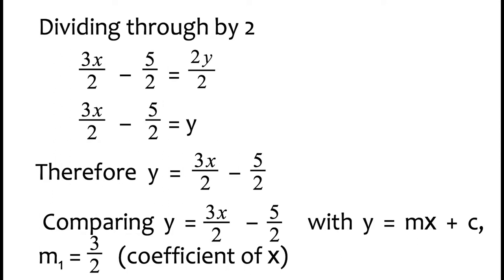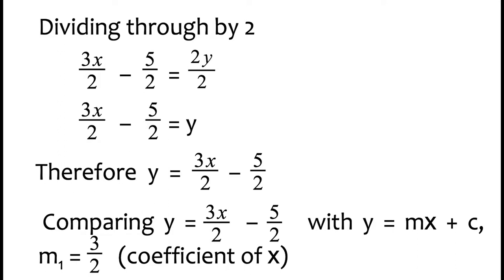So we'll have 3x over 2 minus 5 over 2 equals y. Y has now become the subject of the formula. Therefore, y equals 3x over 2 minus 5 over 2.